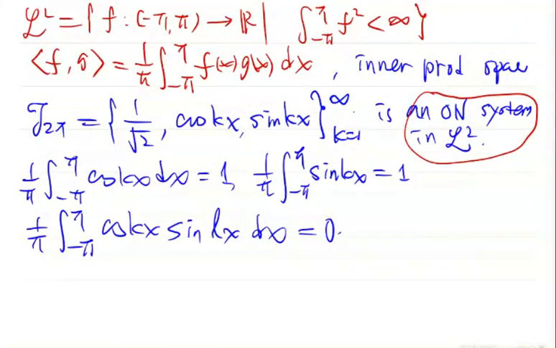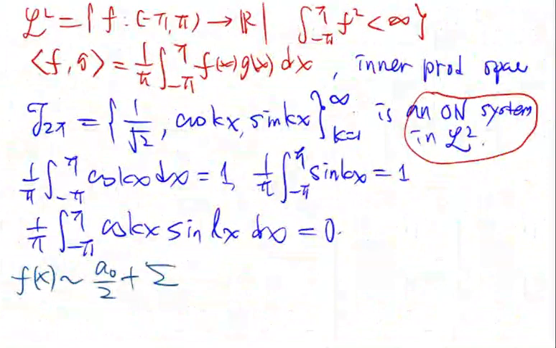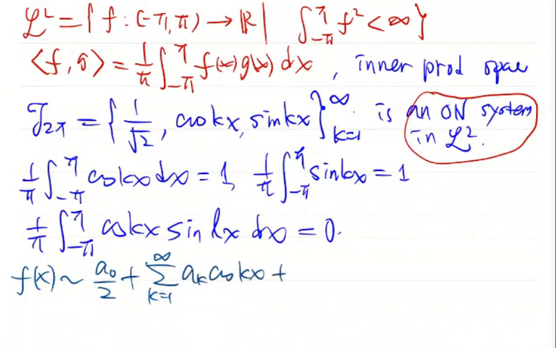We know that f has a Fourier series, that is, the sum of ak cosine kx plus bk sine kx. Okay, we can construct the Fourier series of f.